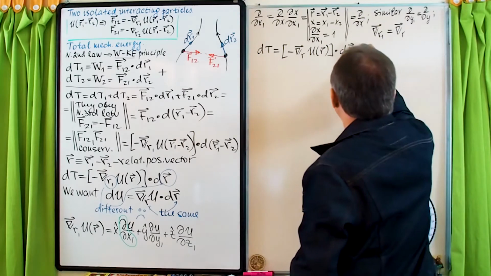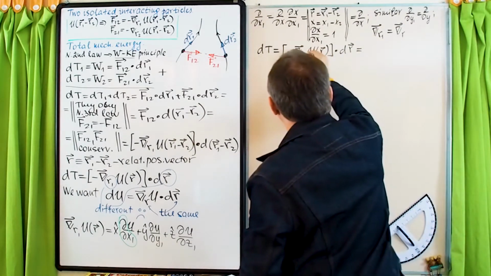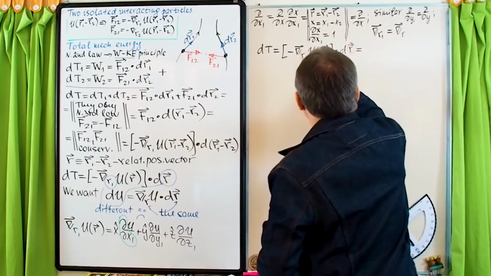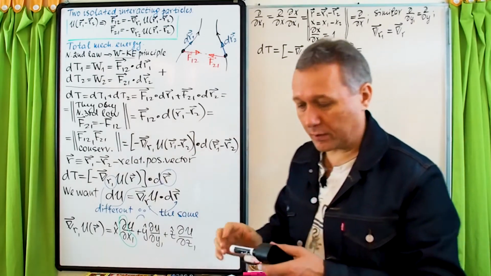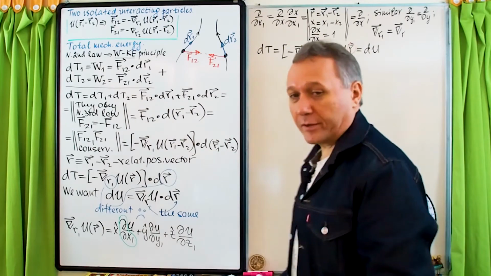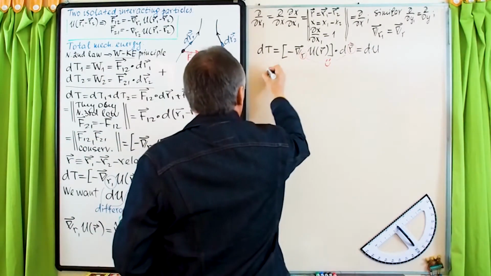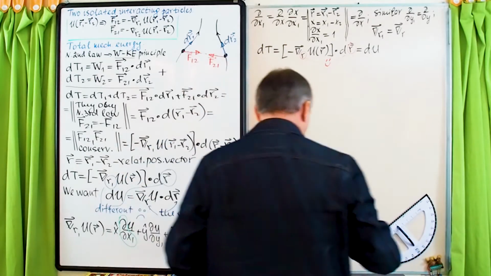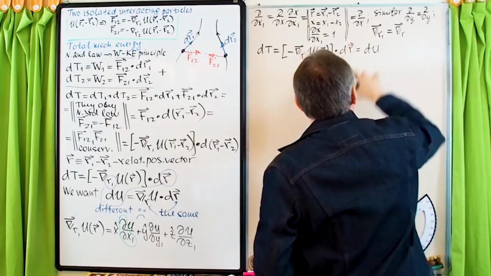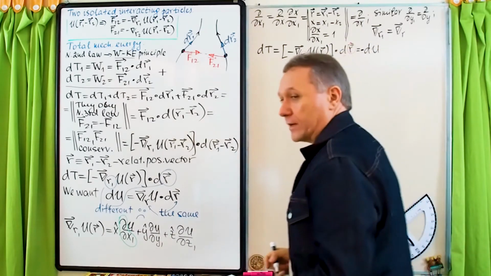So now again, r and r1 are the same, so we can write that it's equal to the differential of U. So cool. Now I can, of course, write the minus. I was so happy that we can write the differential that I forgot about the minus. That minus is still there. It doesn't go anywhere.